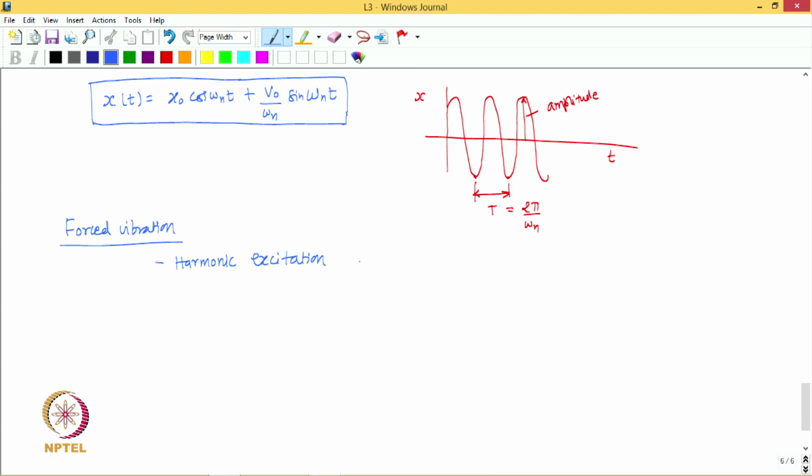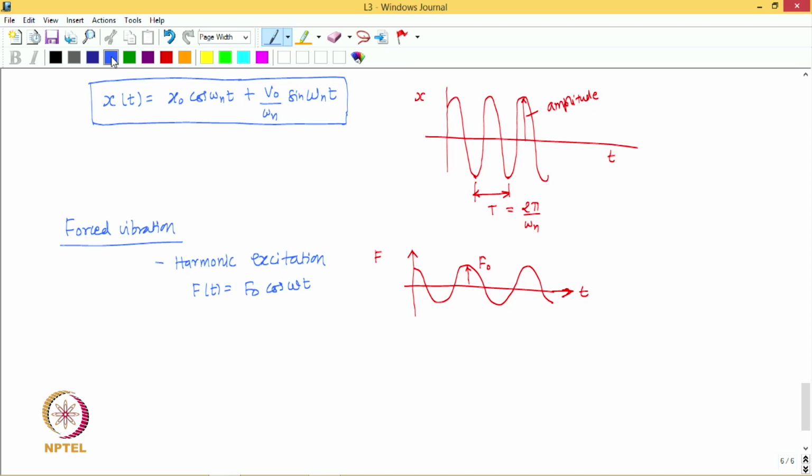We will assume that the force is of the form f of t is equal to f naught cos omega t, which means that the force is a cosine wave of constant amplitude as a function of time, and the amplitude of the force is f naught.